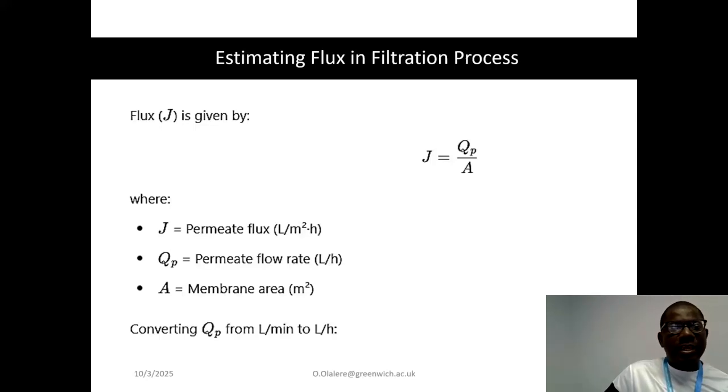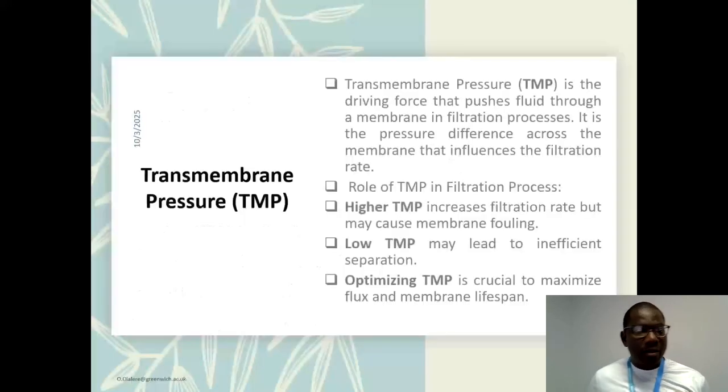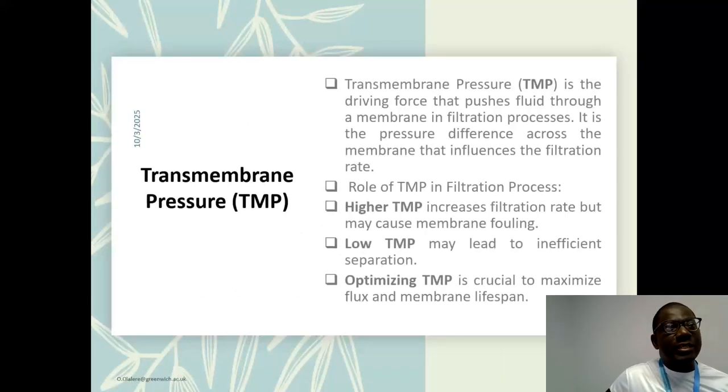So A is the area of the membrane. So that is that about that. This is just the parameters we use in determining the membrane flux. Now, we mentioned that there are different factors that could be responsible for a lower membrane flux.